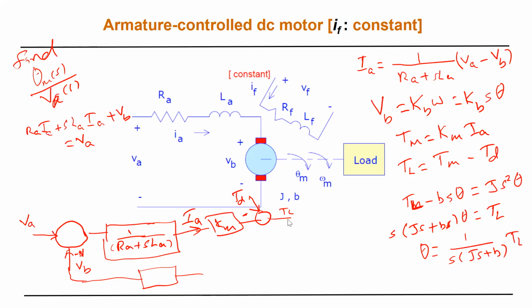Let me put it in here in terms of block diagram. So I will have 1 over JS plus B, then 1 over S. This is theta.